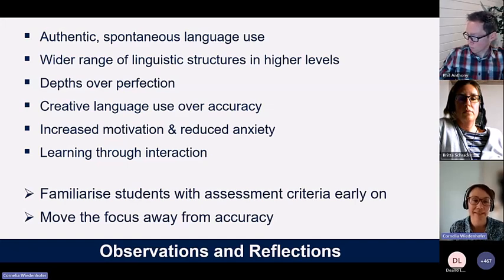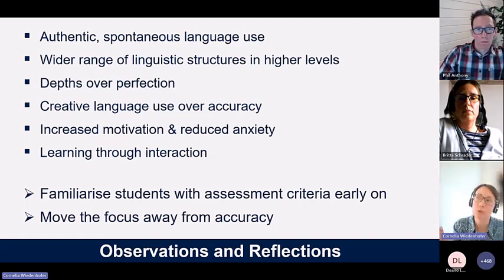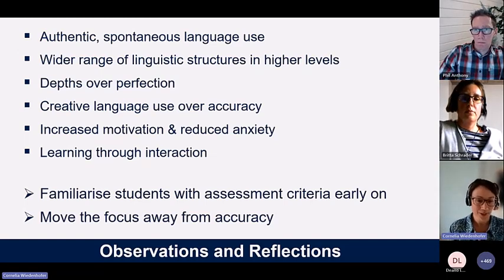So rather than just asking, can the learner recall grammar and spelling rules, we start asking, can they communicate with intention? So we're no longer just assessing what they have learned, but more how they put to use what they know. Yeah, thank you very much.